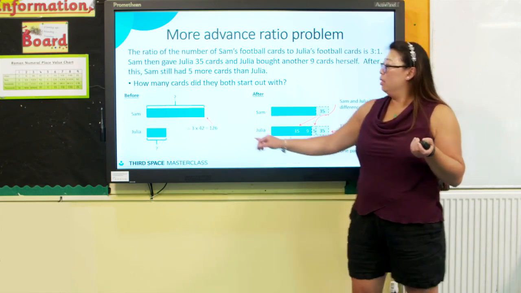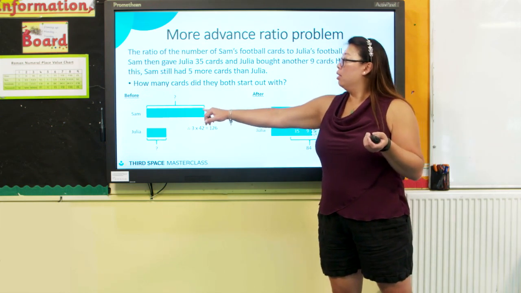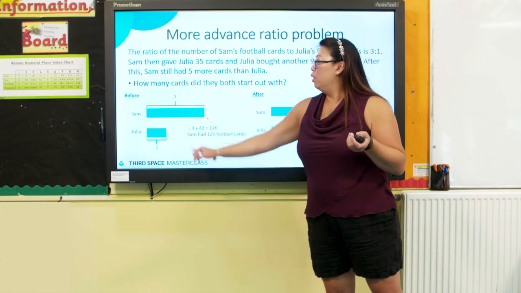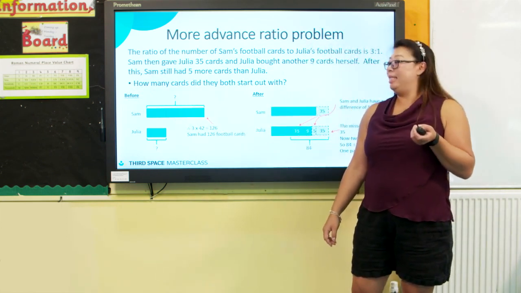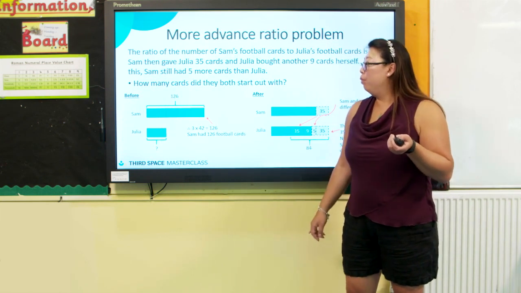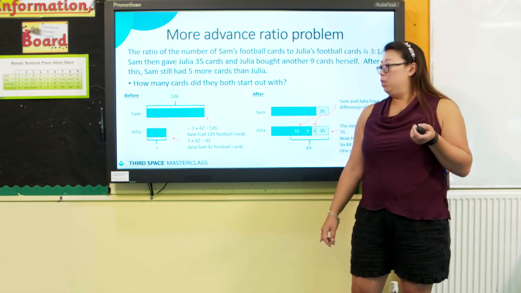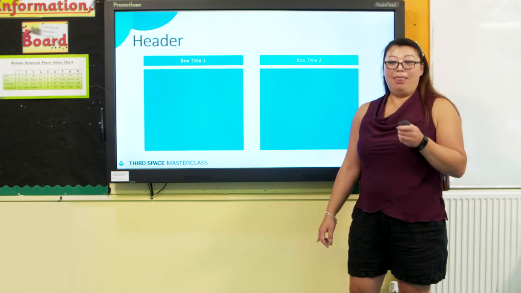Now that we know that, we can go ahead and work out the question. So how many cards does Sam have? Well, each part is worth 42, so 3 lots of 42 is 126. So Sam started off with 126 cards, and of course Julia has 1 lot of 42, so she started off with 42 football cards. Okay, and that is it.